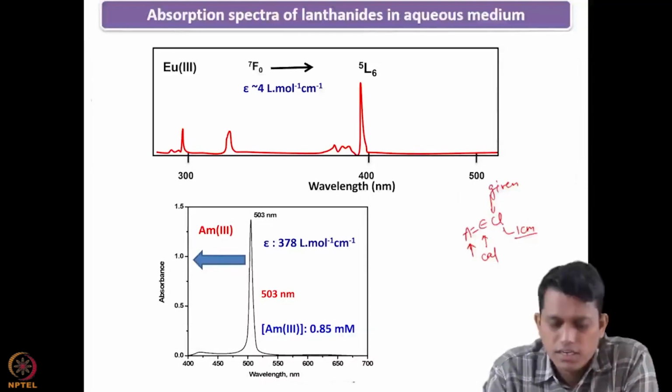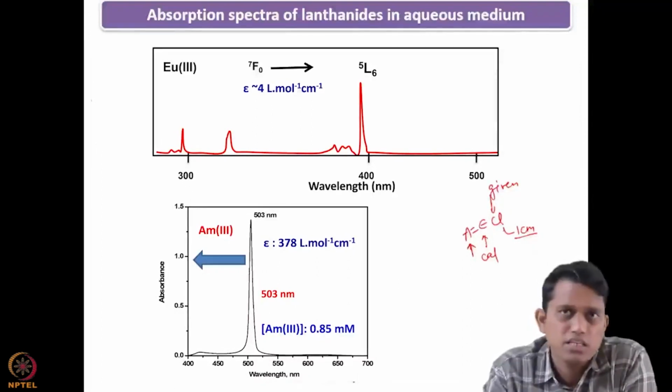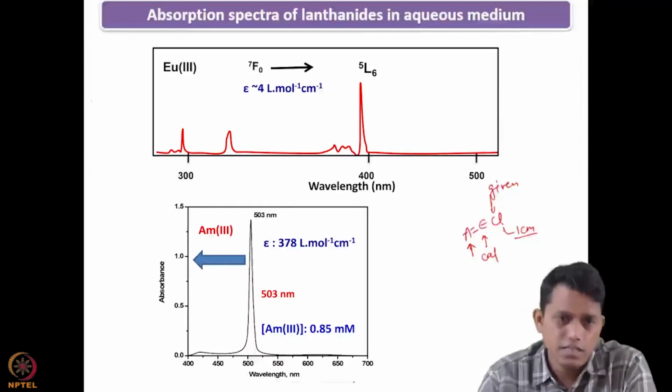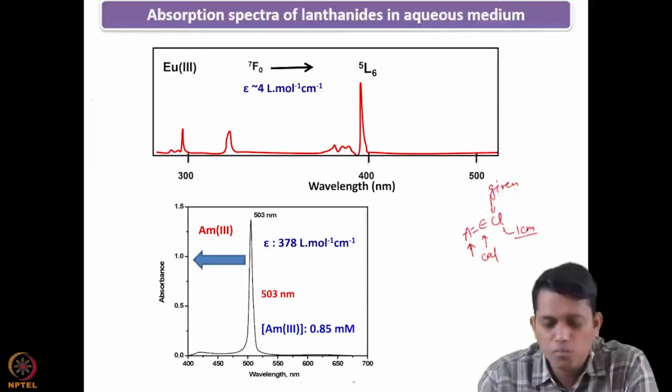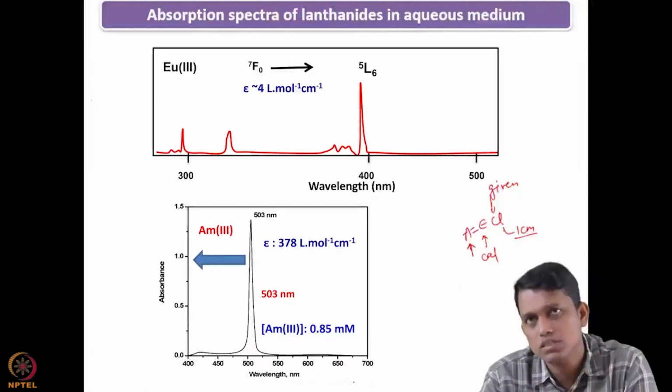So you can see that they are trivalent in nature, europium 3+ and americium 3+. Since they involve 4F and 5F, and as we said initially that the 5F is more diffused, the interaction, or perturbation, in 5F is more compared to the 4F. So these transitions are more allowed, or their epsilon is on the higher side compared to the transition in the lanthanide.